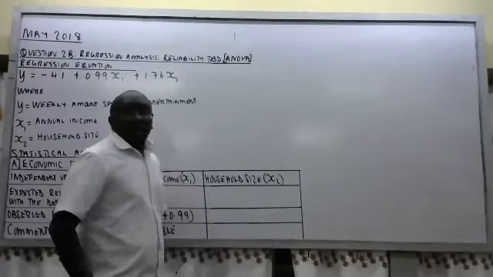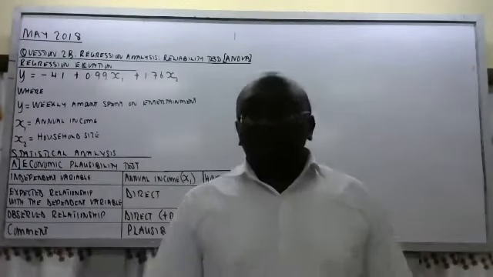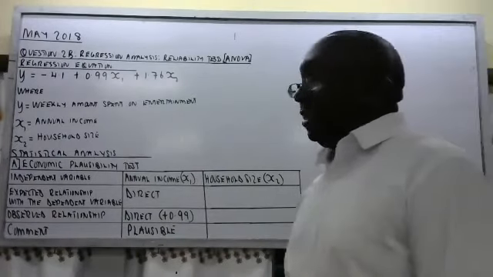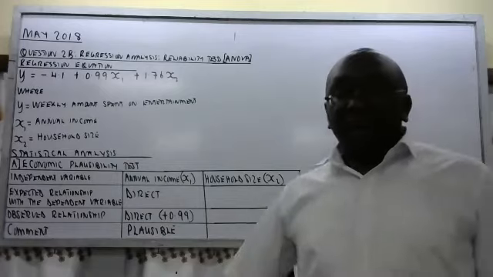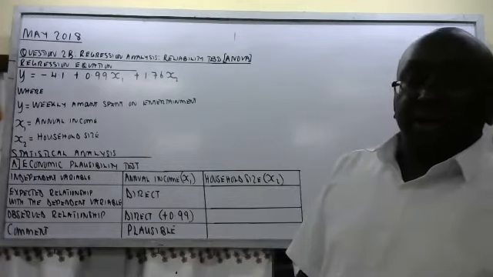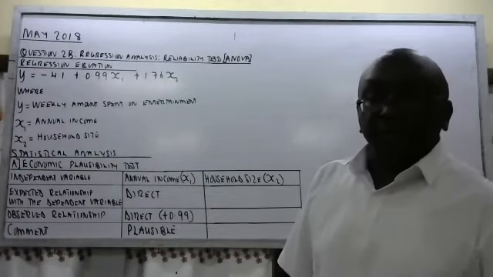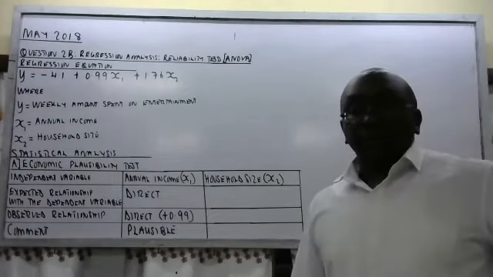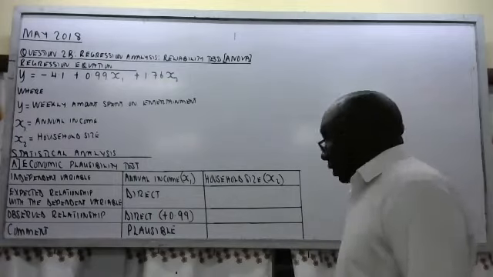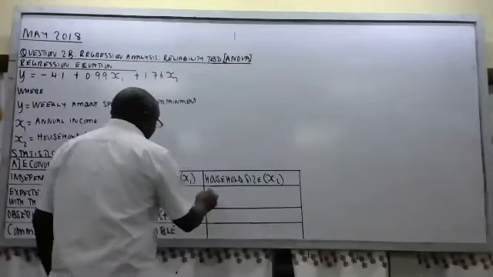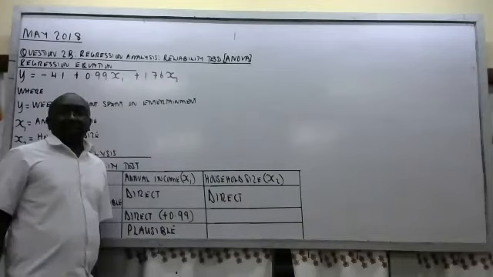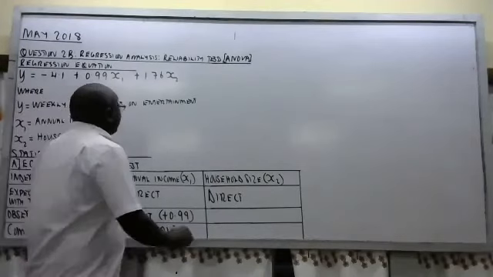Then, what would you expect to see between household size and amount spent? Is it direct or inverse or no relationship? What would you expect to see? Direct also, yes. It is also going to be direct. The more you are in a family, the higher the chances you spend more. Then what have we seen?